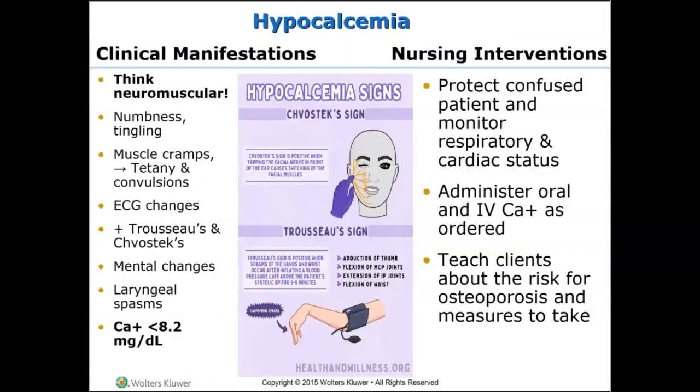For clinical manifestations, think neuromuscular. This usually includes numbness, tingling, tetany, muscle cramps, severe diarrhea. This condition can also have some cardiac involvement. It has unique manifestations: if you do Trousseau's and Chvostek's sign, you will be able to tell when a patient has hypocalcemia.